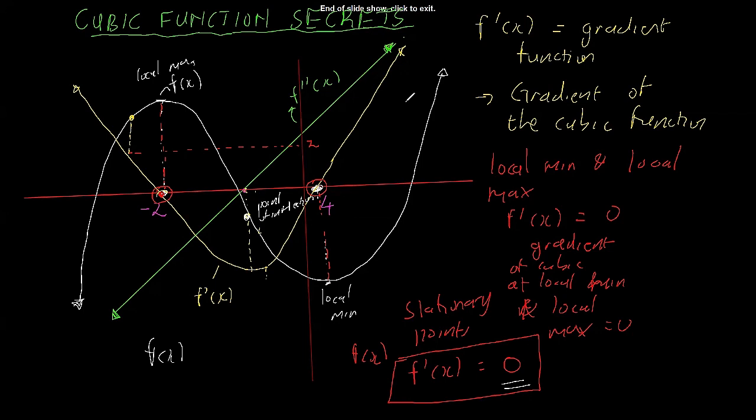So in order to find the y-coordinate, we must take these same values and substitute them back into the original equation of f of x, which is in the form of ax cubed plus bx squared plus cx plus d, to find the y values of the local maximum and local minimum points.